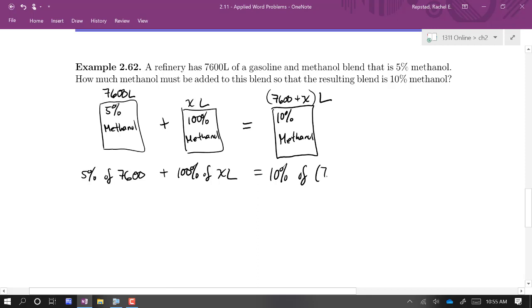So 10% of 7,600 plus X liters of pure methanol in the end.